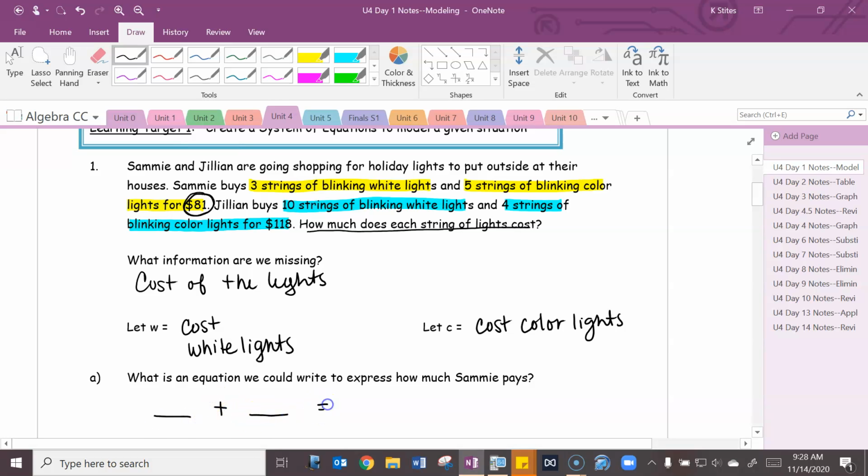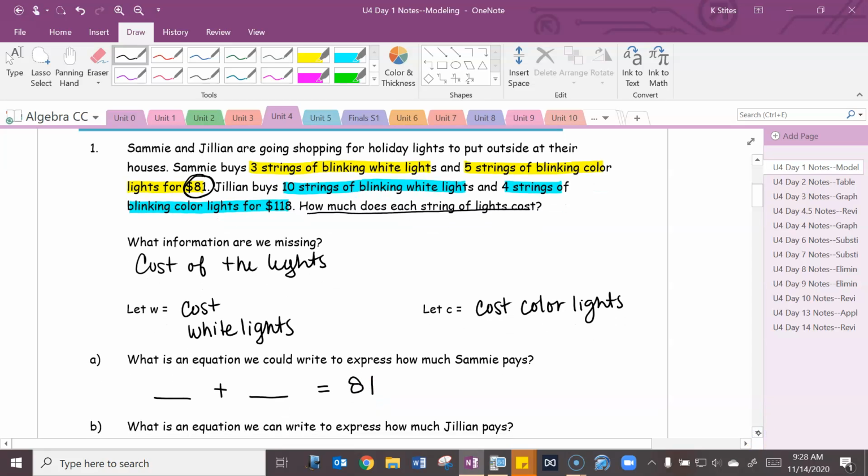We're also going to have it equal to 81 because 81 is our total. She got 3 strings of blinking white lights, the cost of them is W, so I'm going to put a 3W. And 5 strings of blinking color lights. Again, we don't know the cost of the blinking color lights, that's just C. And this would be our equation: 3W plus 5C equals 81.